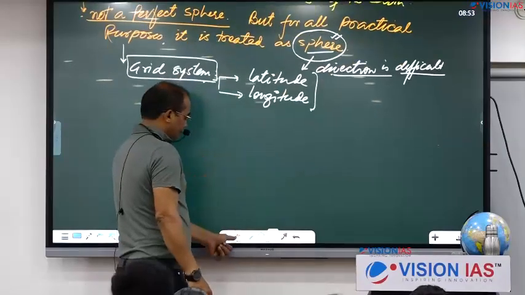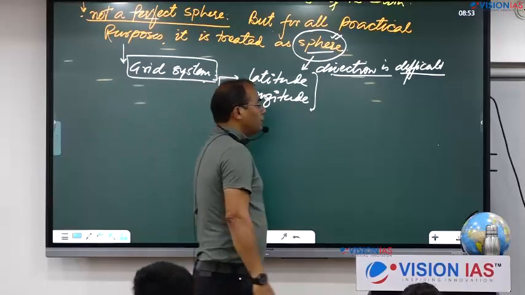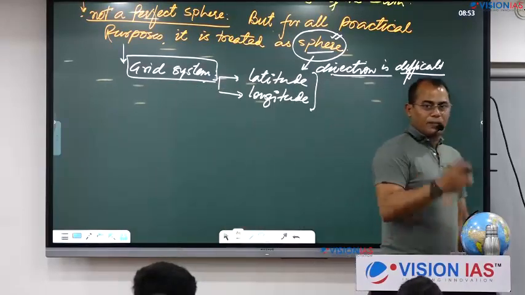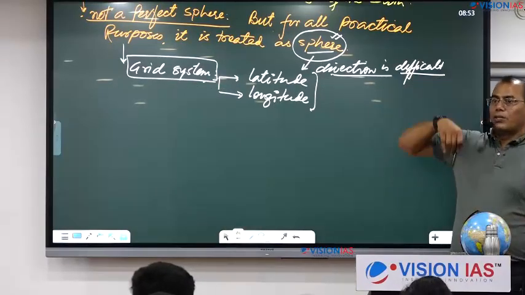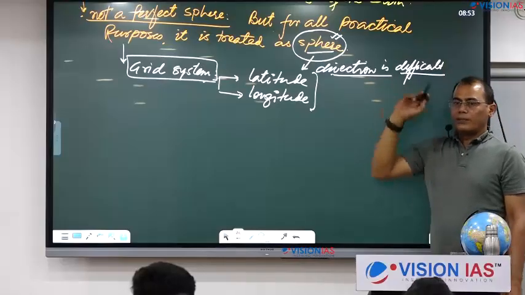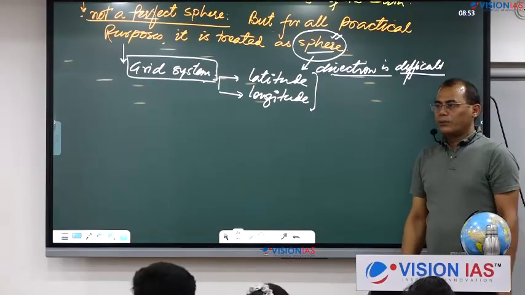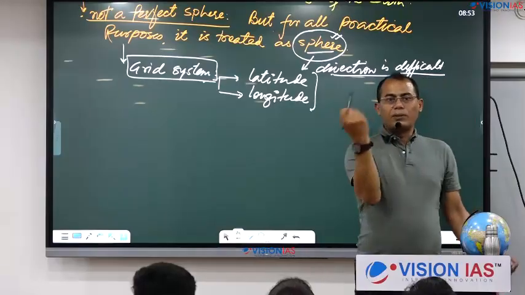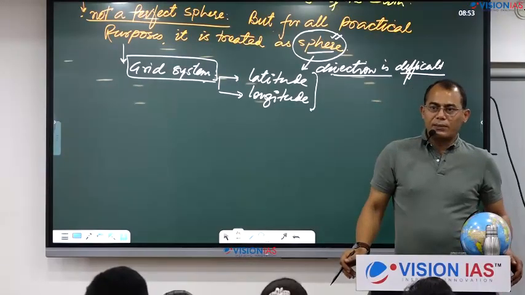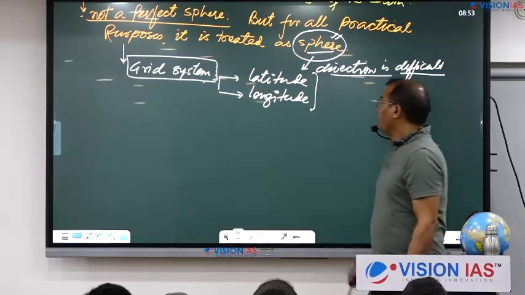So Earth is divided into several parts where the lines drawn from pole to pole we call longitudes, and those parallel to the equator we call latitudes.